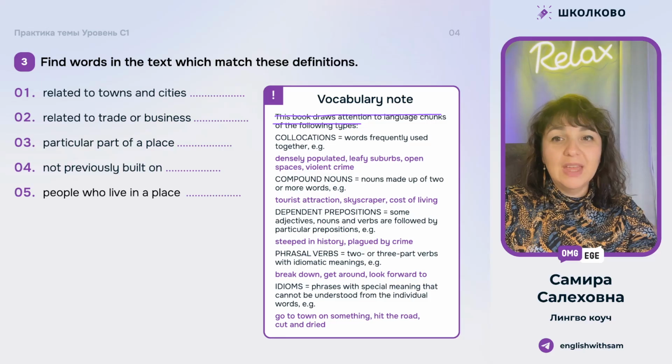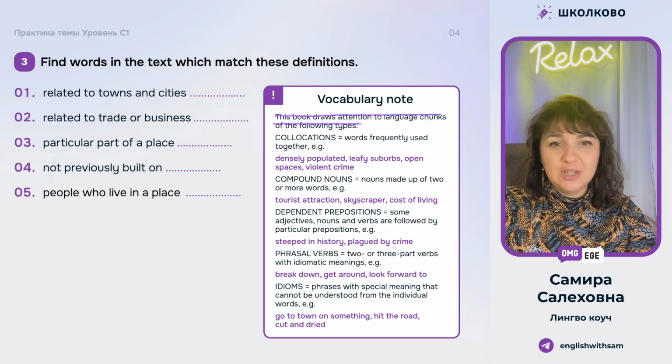Great. So what we're gonna do next is to find words in the text which match these definitions, right? So related to towns and cities, so maybe you remember, related to town and cities.